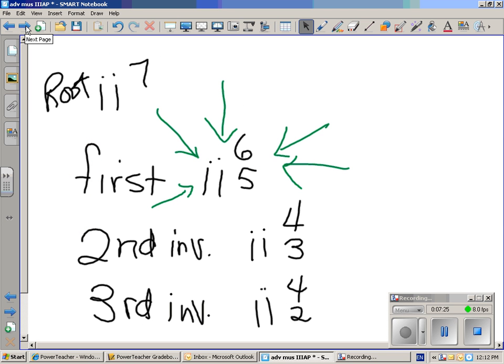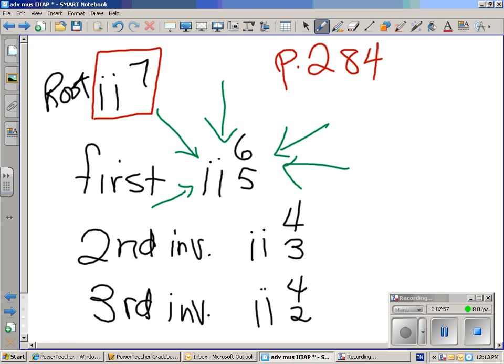Okay, what's next? Oh, I'm going to page number, I'm going to skip. Going to bottom of 284. On page 284, it tells you that the 2-7 is usually used in first inversion. Now you'll see it in root position.